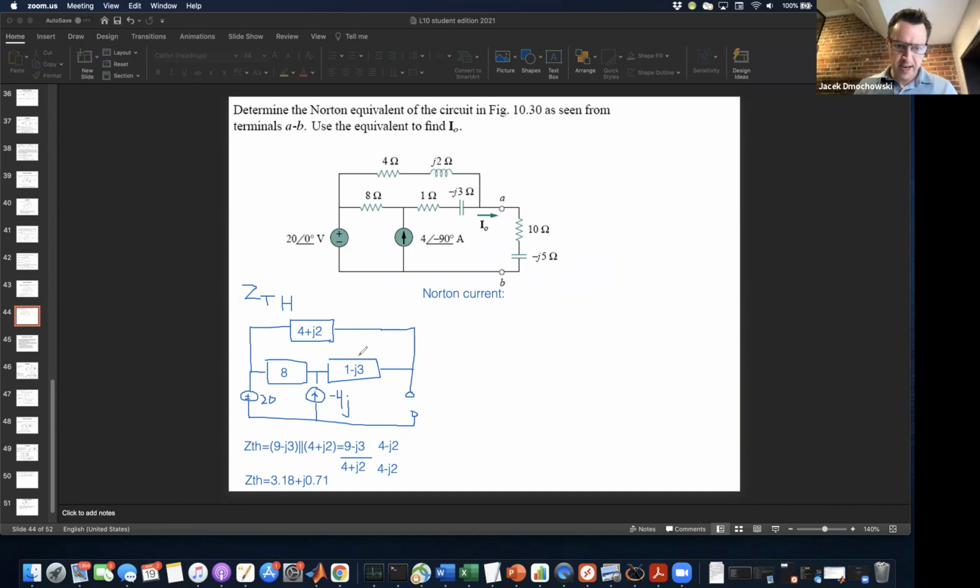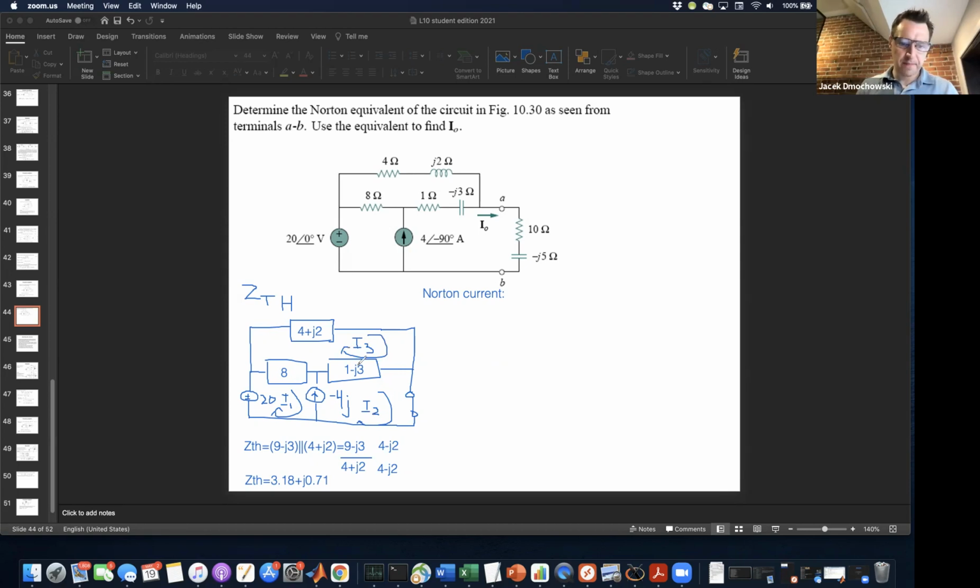Okay, so the question is, how do we solve this? Well, you may have guessed that this is well set up to do mesh analysis. So our 3 meshes are going to be here, here, because for Norton analysis we will short circuit A and B, and I3 is going to be here.